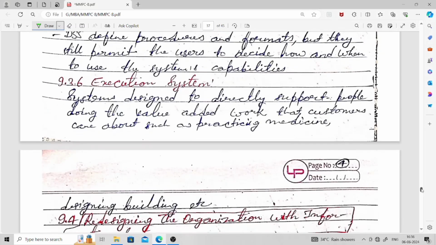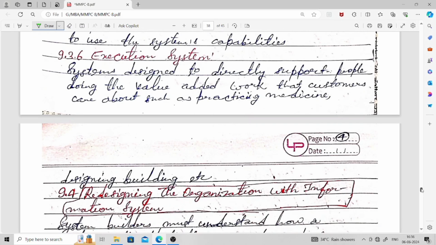Then we have execution system. This is the sixth one here, execution system. Systems designed to directly support people doing the value added work that customers care about, such as practicing medicine. So now you see what an execution system is.